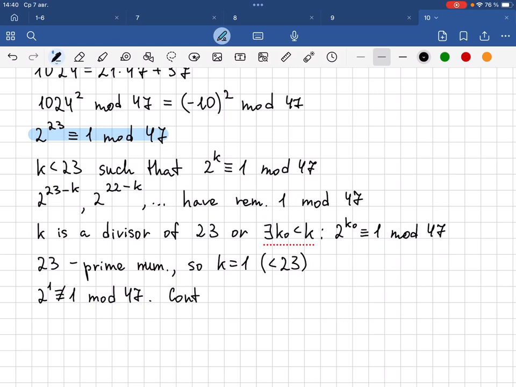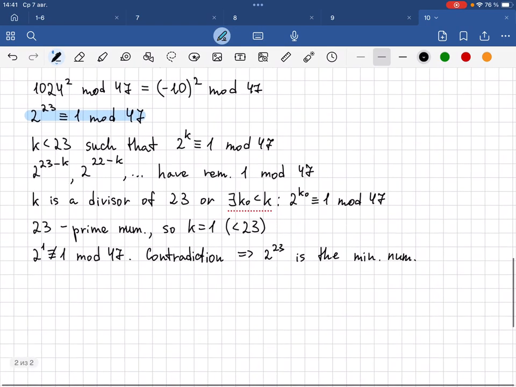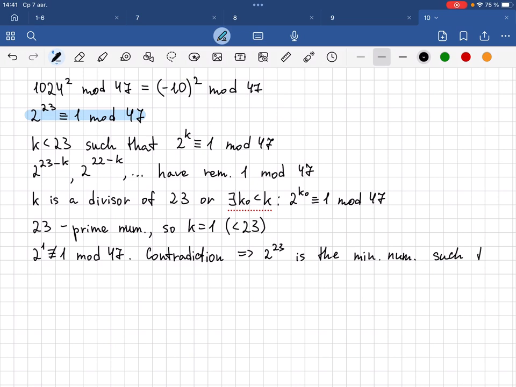So this is a contradiction. Therefore 2 to the power of 23 is the minimal number such that 2 to the power of 23 equals 1 mod 47.